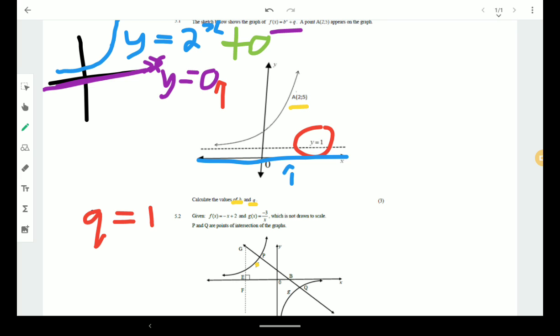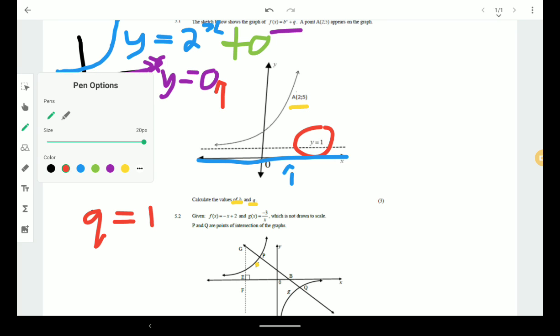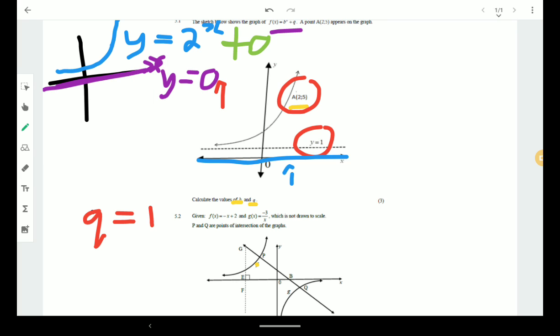Now the only thing that we should calculate is the value of b. If we want to calculate the value of b, we should substitute the values of x and y that we have on that graph. We are given a point here. This point is A. That means this point will help us to calculate the value of b. So we know the value of y is 5 and the value of x is 2.